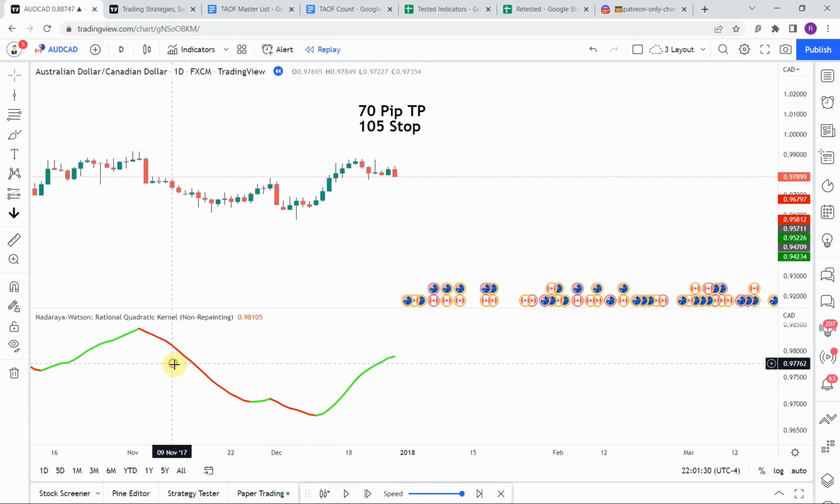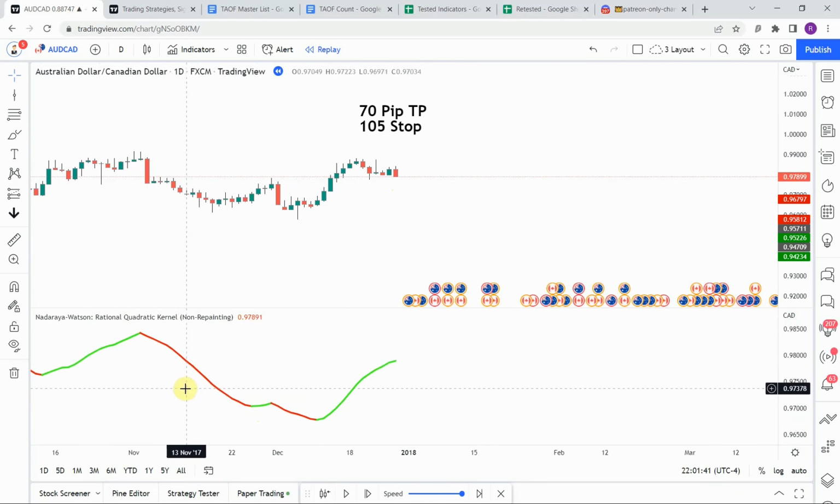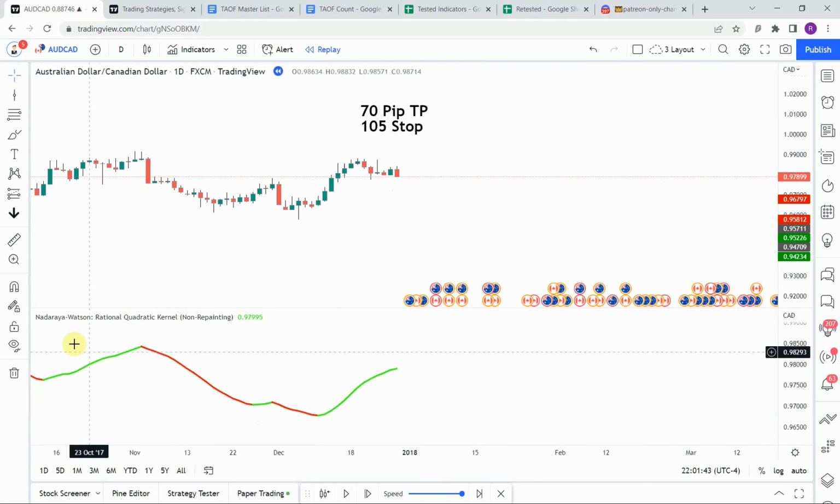But every now and then we will get these style moving averages where the line, and again, I'm calling it a moving average, I'm not 100% sure if it is an actual moving average, but anyways, the line here, every now and then we'll get one of these oscillating lines like this that will shift colors, changing from red to green and then back again, and so that gives us pretty clear defined buy sell signals that we are looking for.